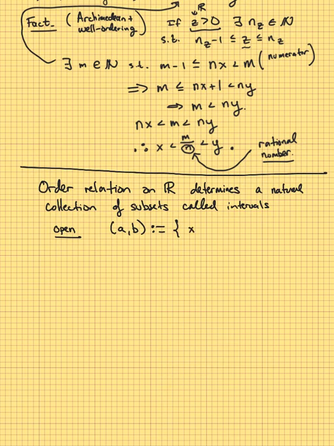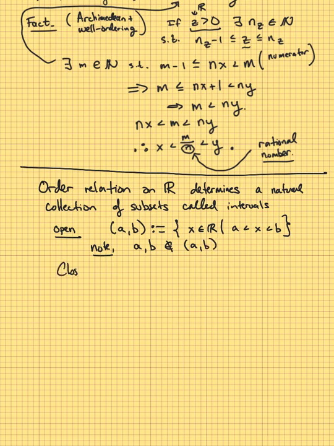So this is defined to be the real numbers that are between a and b. Usually I'm going to call a and b the endpoints of this. Note that a and b are both not in the open interval from a to b.